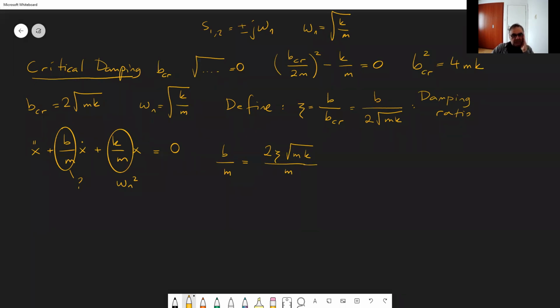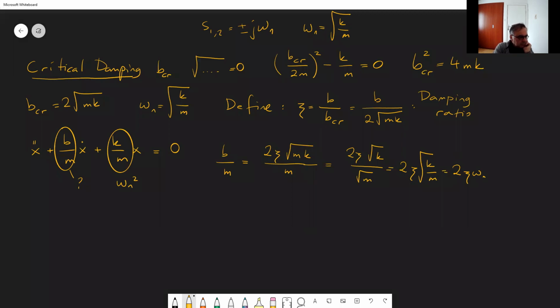But you have root m divided by m. That will give you 2 zeta times root k over root m, which would be 2 zeta root k over m, which is 2 zeta omega n, right? So b over m is 2 zeta omega n.